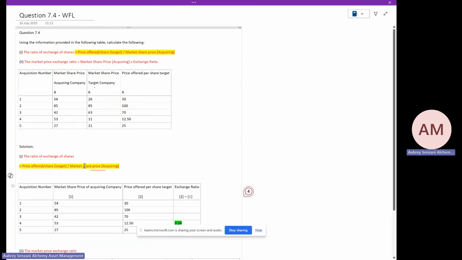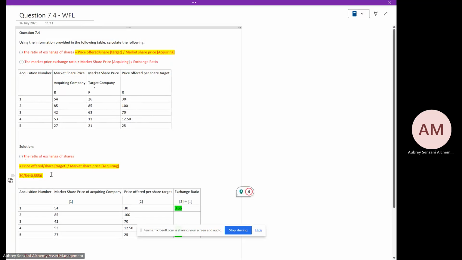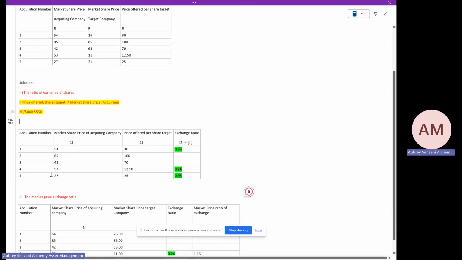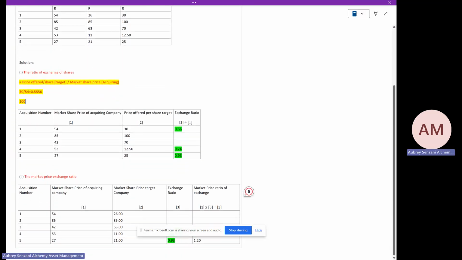For the first one, we're saying the price is 30. The market share price of our company, the acquiring company, is 54. So the ratio is 0.56, because we're going to leave it at 2 decimals. So 0.56. We go to the second one. The price offered is 100.